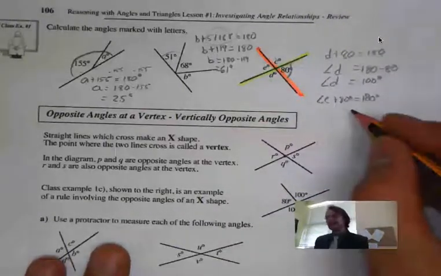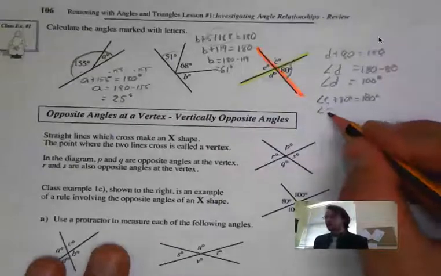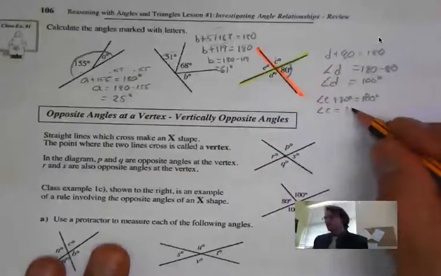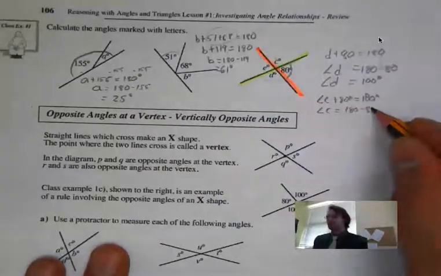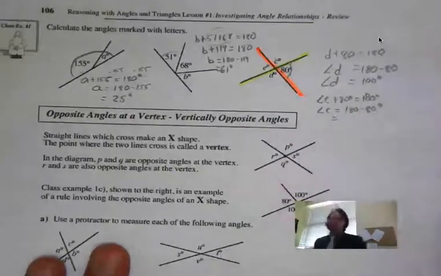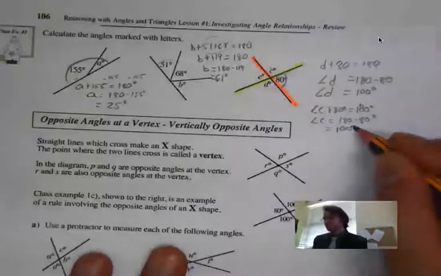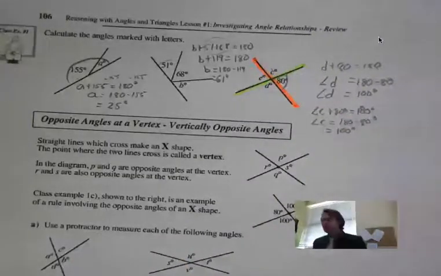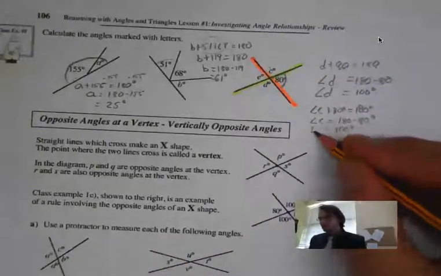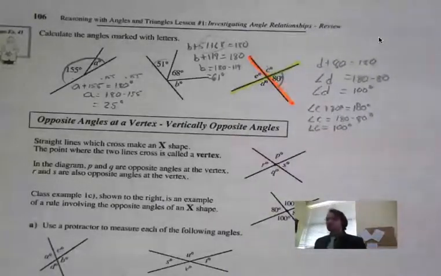So we have to subtract 80 degrees from both sides. So angle C is equal to 180 minus 80 degrees. So angle C is equal to 100 degrees as well. That's interesting.